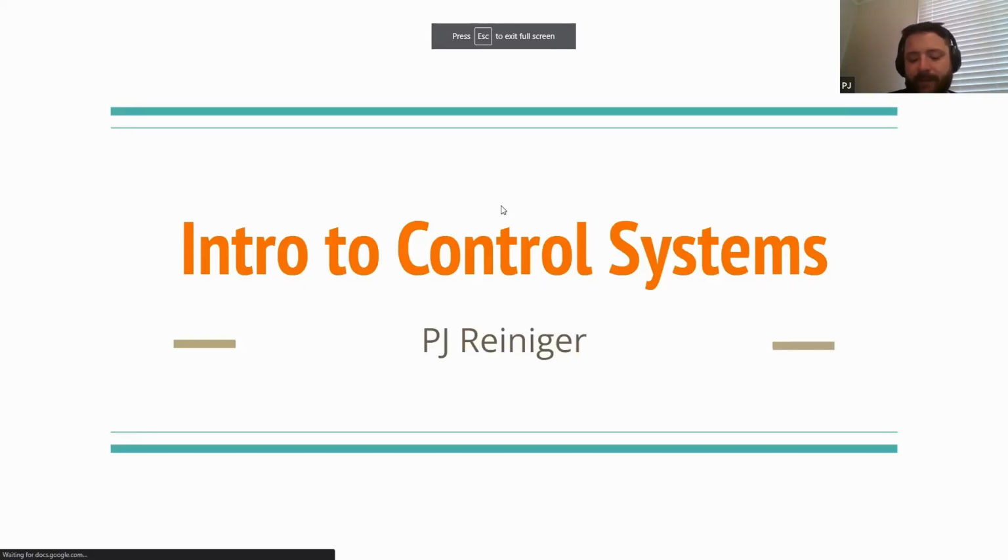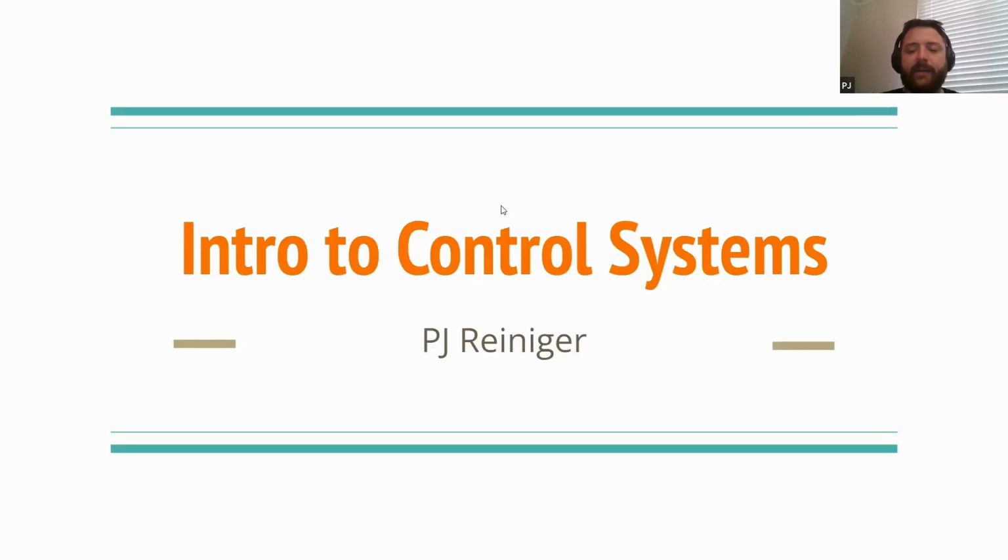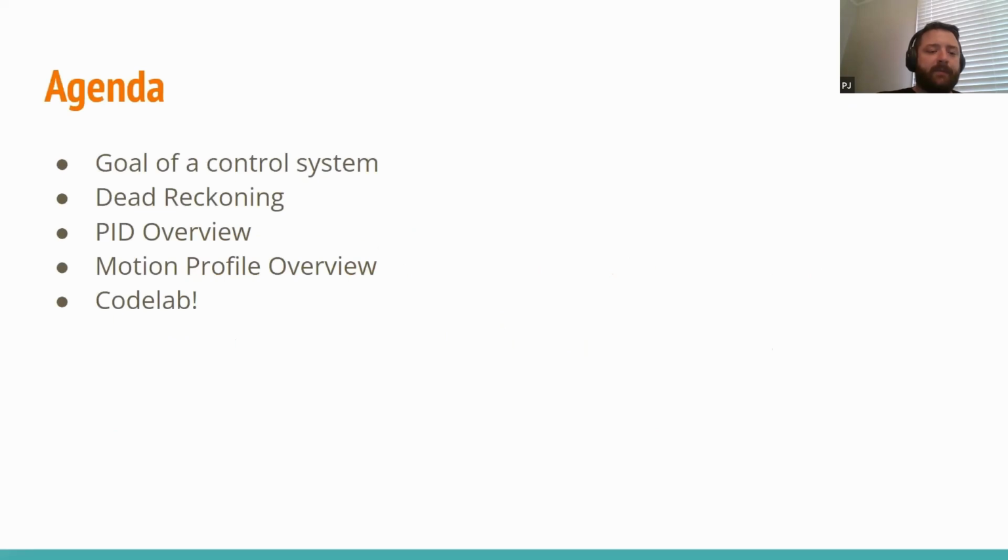Okay, so today I'm going to be talking about control systems, the common ones that we use in FRC during the season. There's many different types of control systems, but for the most part, it boils down to 2 main groups for us. So we're going to talk about what a control system is, what's the goal of it. We're going to talk about the easiest control system. You might not be able to truly call it a control system, but dead reckoning. We'll go through what that means.